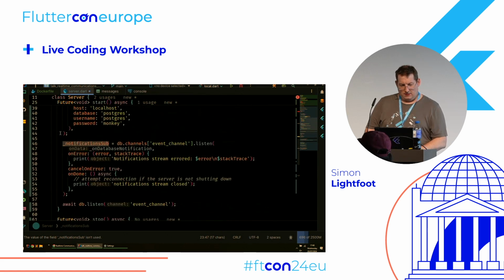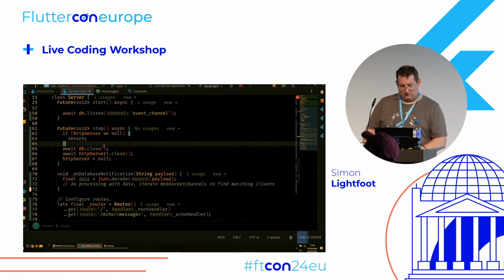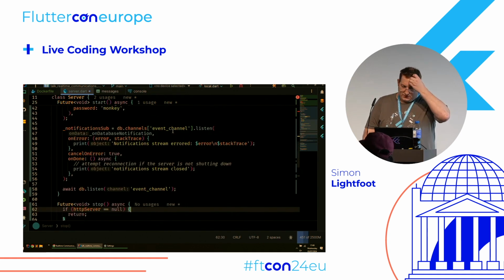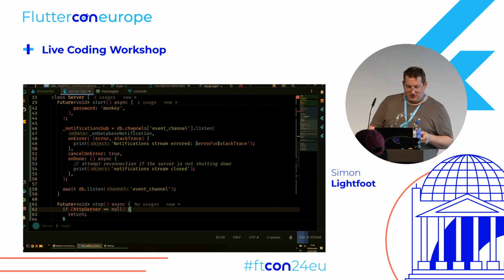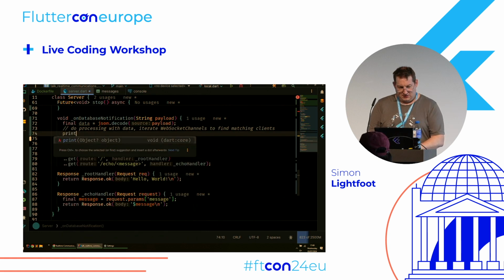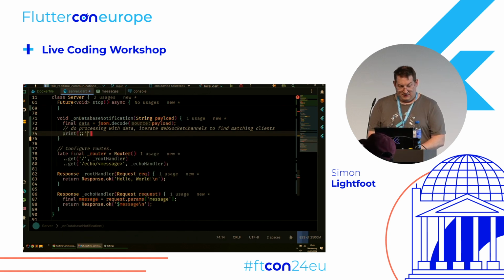Right, got that. Cool. Okay, so we're going to get notification down this channel. It's going to go to that function. And in this function, we want to decode that payload, and we're just going to dump it out to the log right now and say notification payload data.